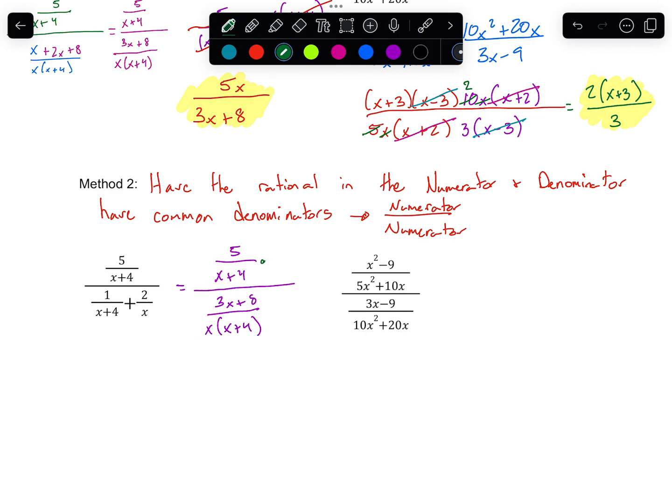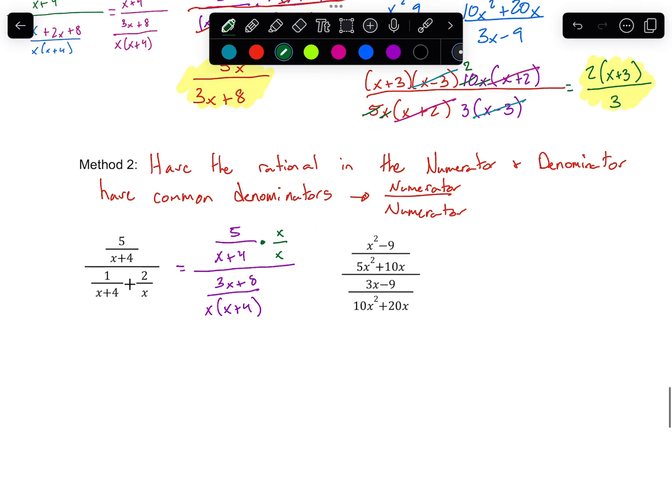So I'm going to multiply by x over x. So that's going to leave us with 5x over x times x plus 4 all over 3x plus 8 over x times x plus 4.